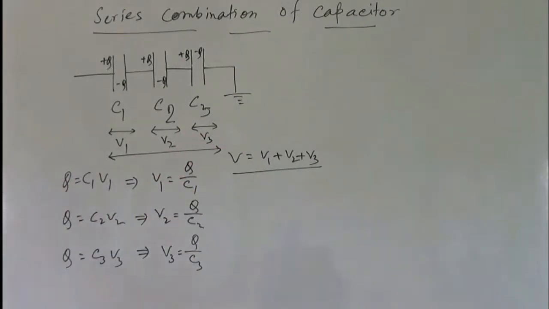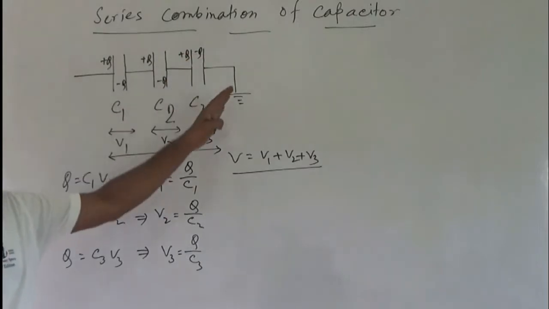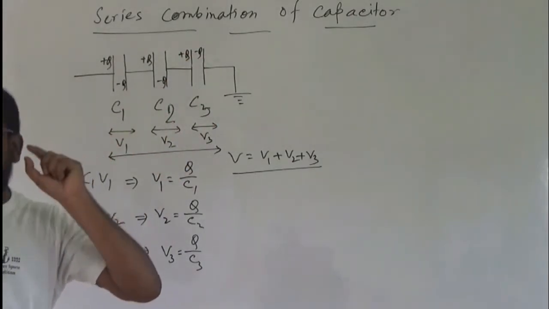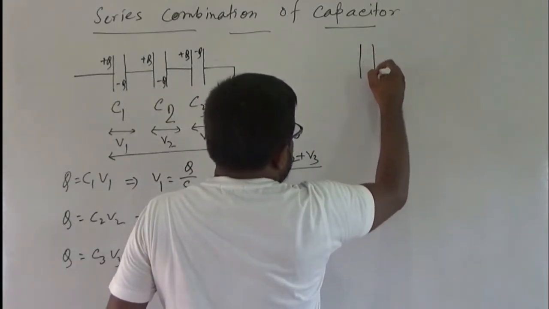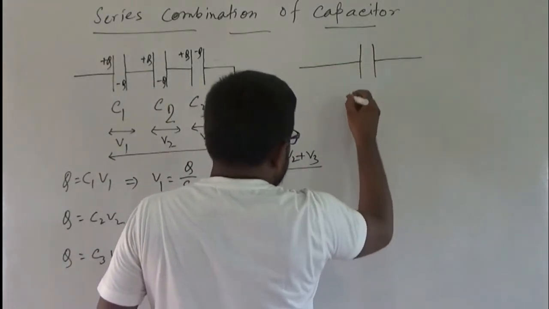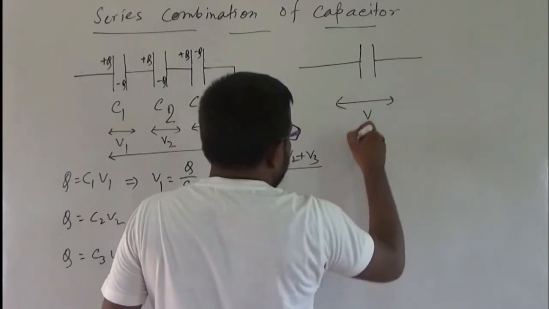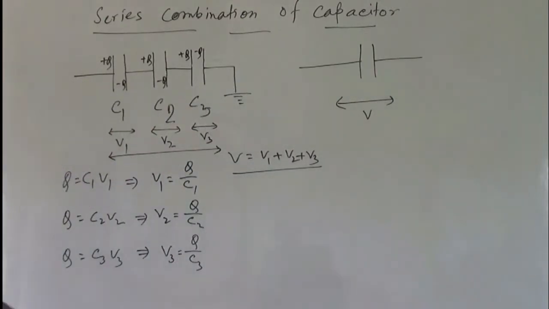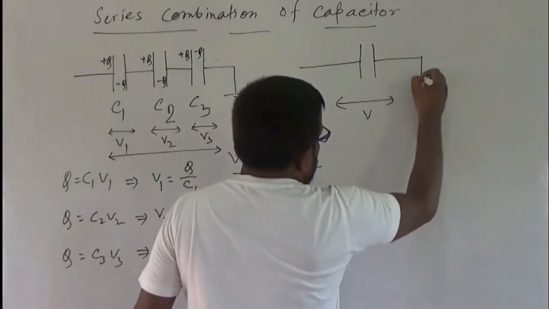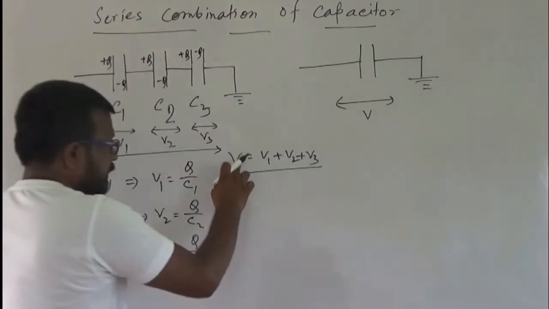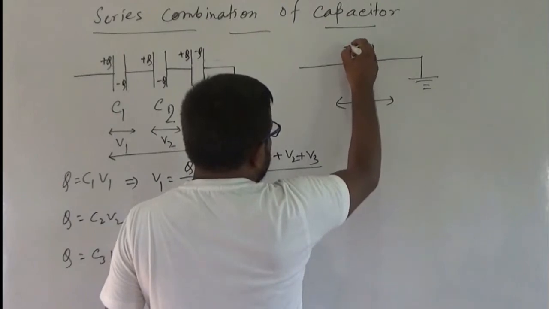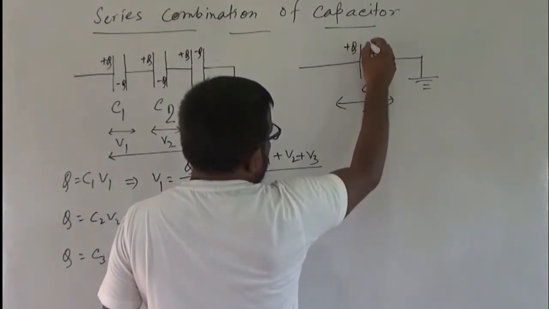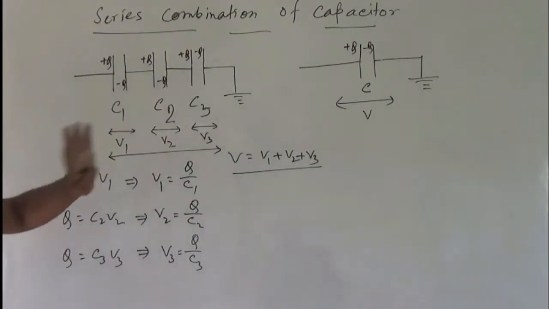Now you replace these three capacitors by a single capacitor of capacitance C with the same result. That means the potential difference between the two plates is V, as of the combination, and the charge on each plate is Q. Same result.